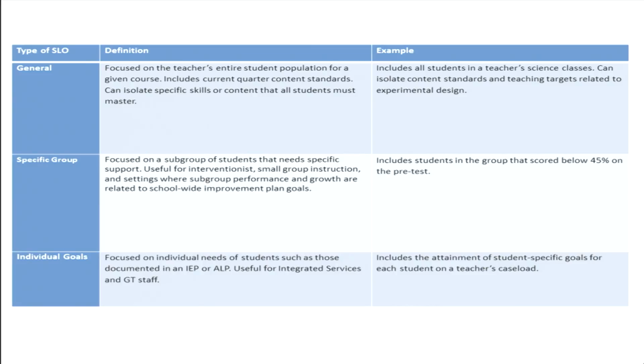The third type of SLO we have is called an individual goals SLO. Because it says individual goals, some people might mistakenly think it means we're going to evaluate a teacher on the growth of an individual student, and that's not the case. What it means is that some of our teachers have very nuanced assignments where they work with a real small group of kids who have real special needs, and no 2 students' needs are the same.